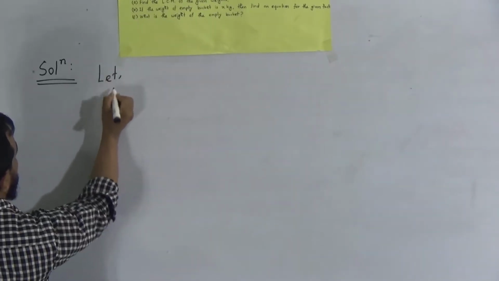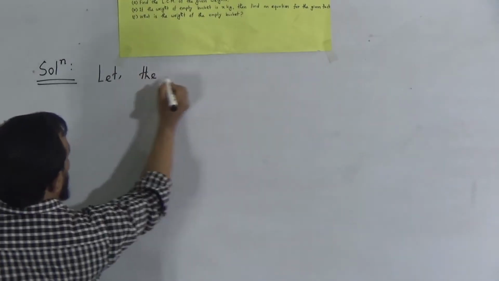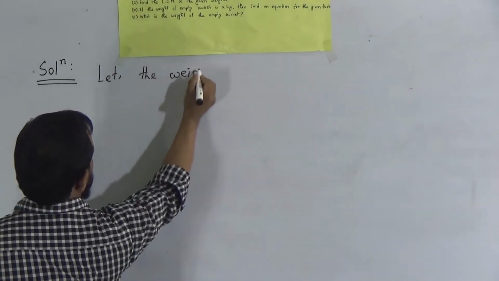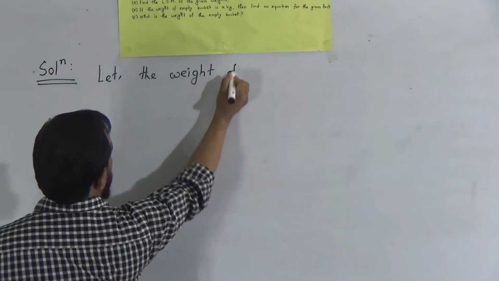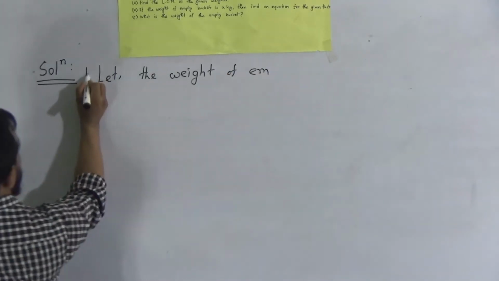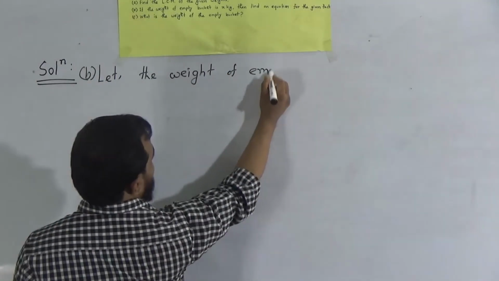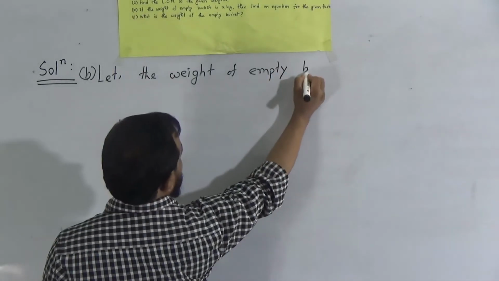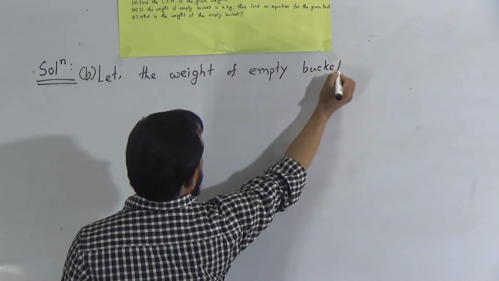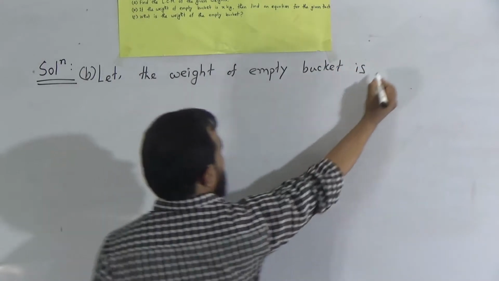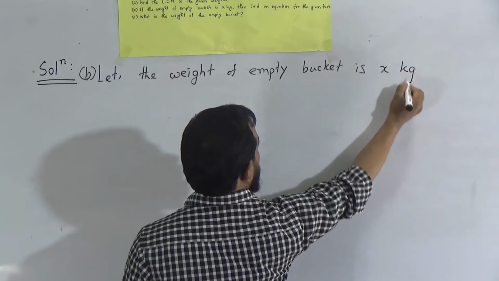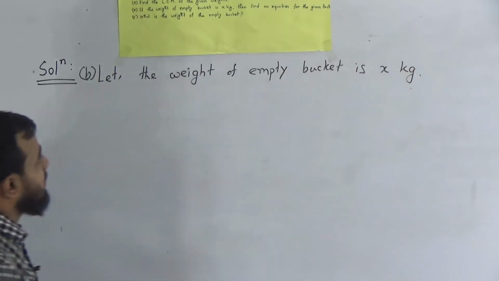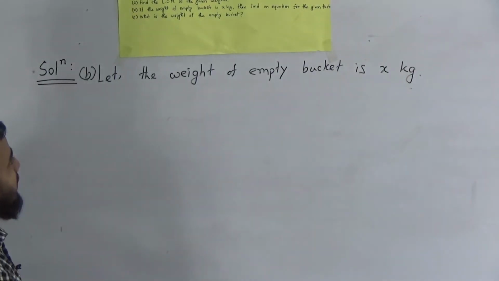We have to let the weight of the empty bucket be x kg. We have to assume it, because this is given in activity B. Then we have to find an equation from this.